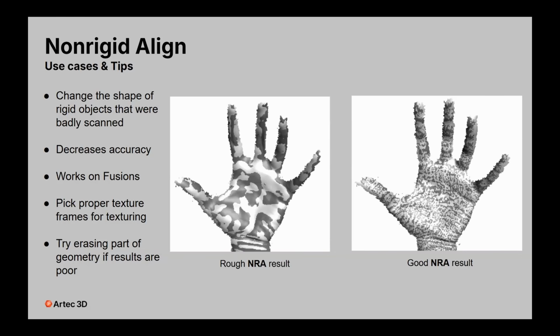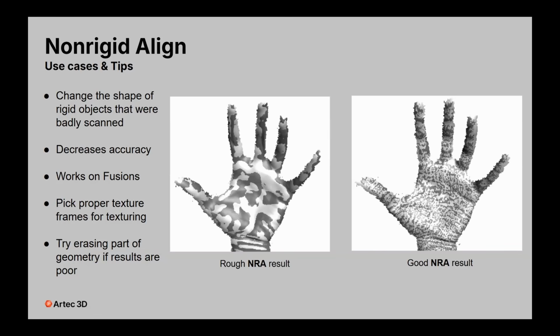And one more tip. Let's say you have aligned one mesh to a different one, and you get a rough non-rigid align result, as you could see on the image on the left. Here you may see that the overlap, the intersection between those meshes is quite poor, and they are greatly distorted from one another.